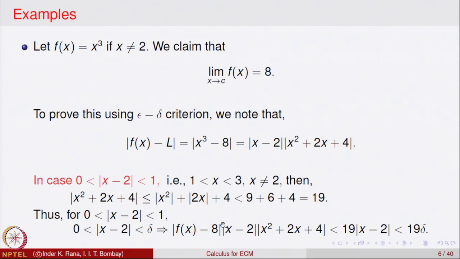So, there is an equality sign missing here, equal to mod x cube minus 8, that is equal to mod x minus 2 into mod x square plus 2x plus 4. So, I am using this identity. So, this is less than 19 times mod x minus 2, right. So, this is less than 19, this is less than delta. So, combining this equation with this value, we get that mod f x minus 8 will be less than 19 delta.